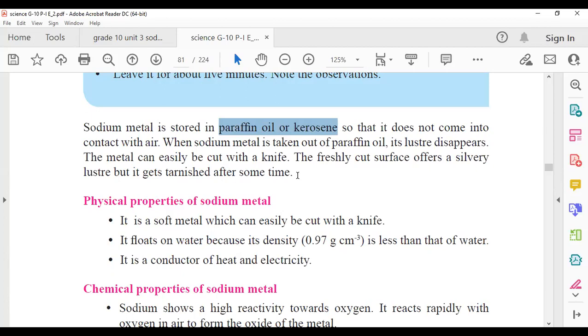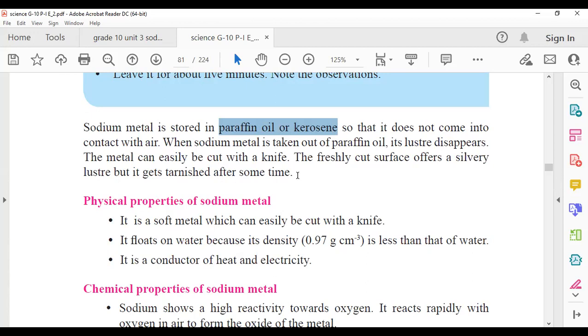We should avoid sodium metal coming in contact with air. If you keep sodium out of the paraffin oil, it will start to react with the air. Then sodium's surface will gradually become dull.